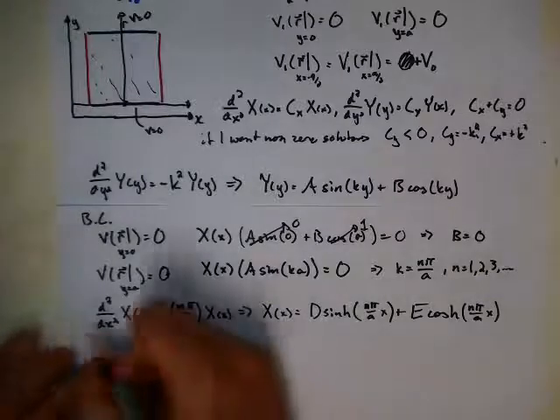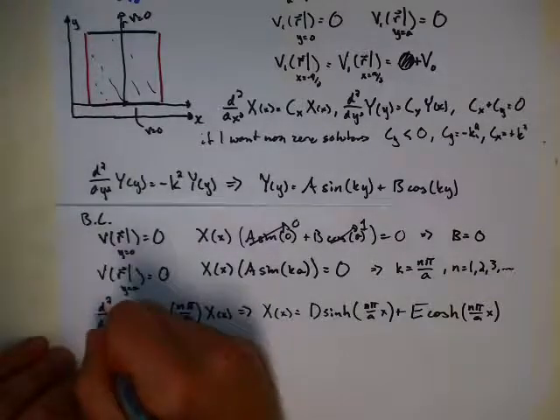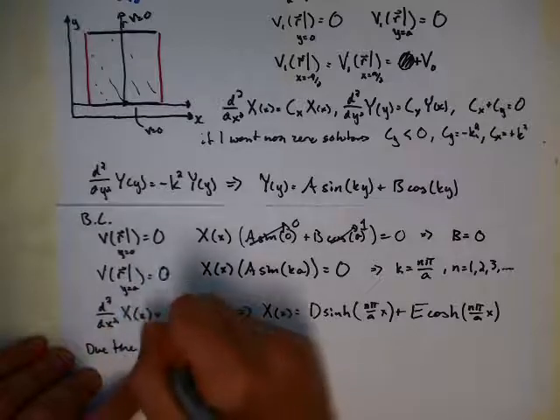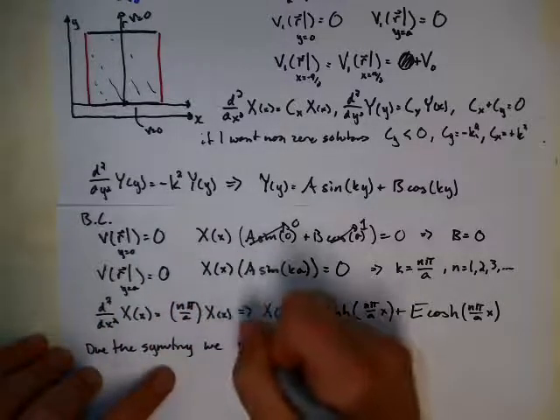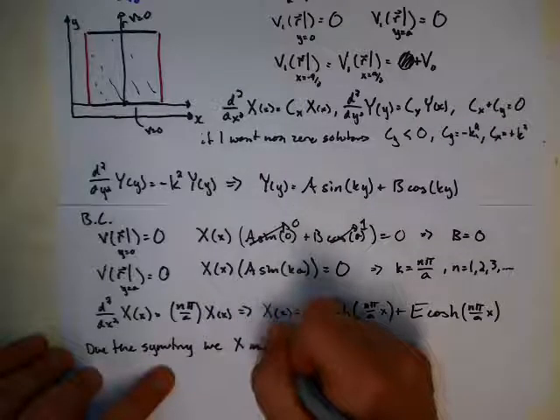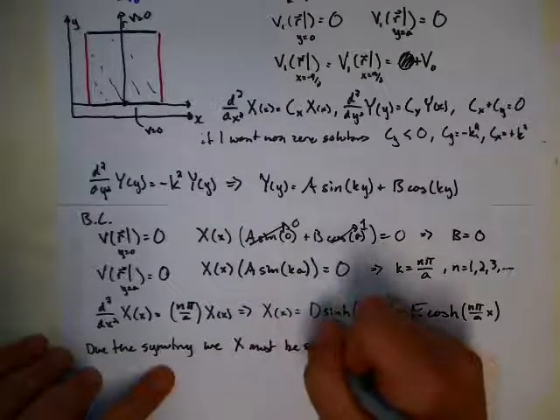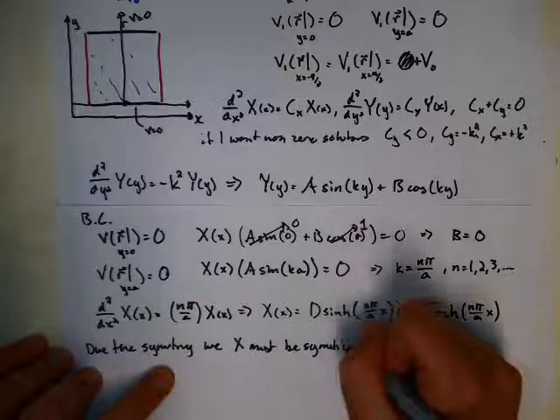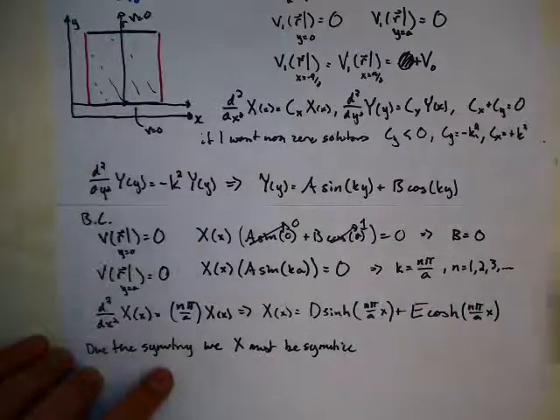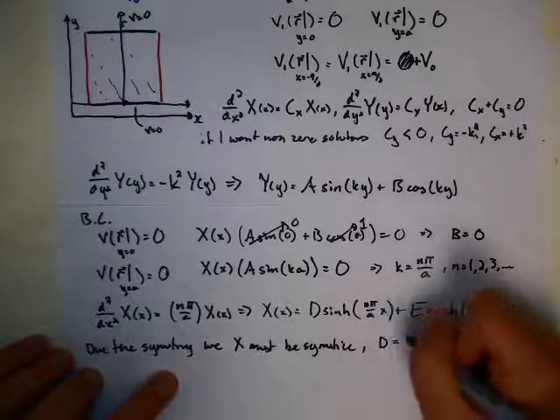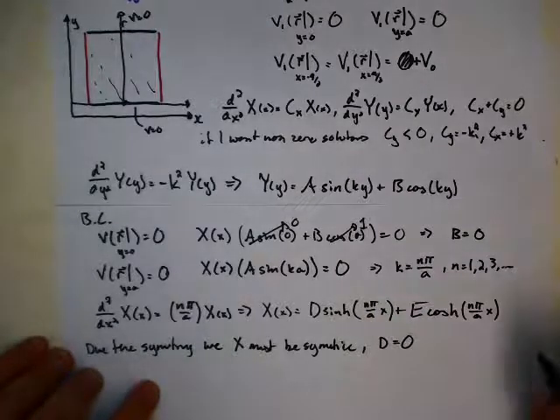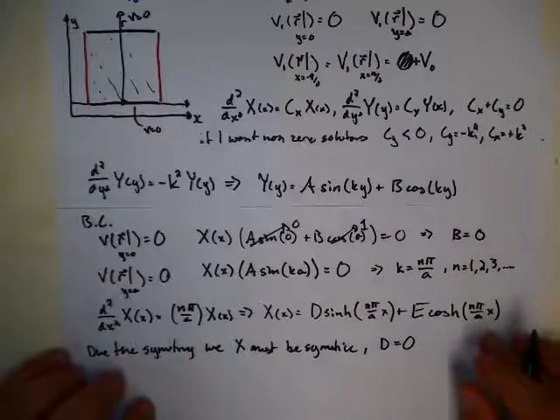Now we have something that's kind of fun. Due to the symmetry, we know X must be symmetric. Since we know that, d must be 0. So d has to be 0. That's a cool one that we can run right away with.